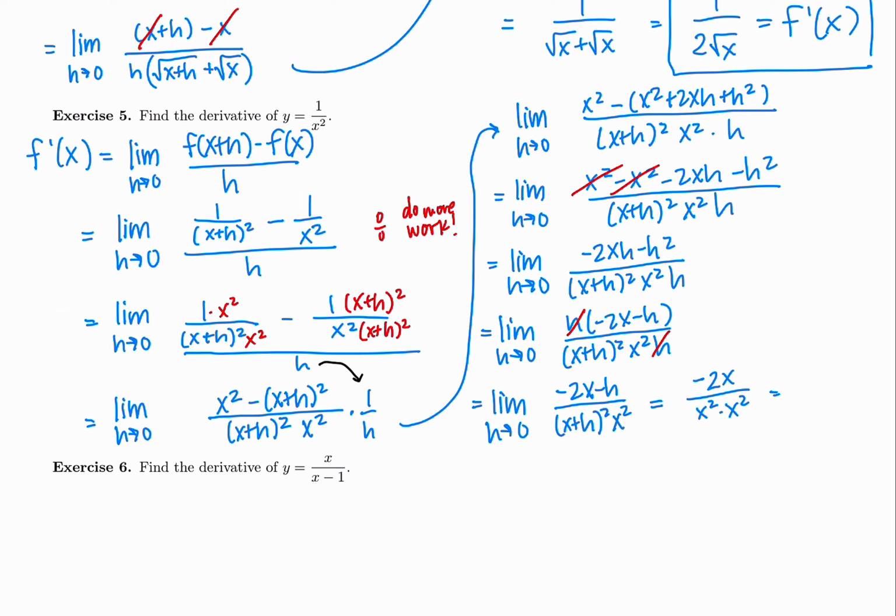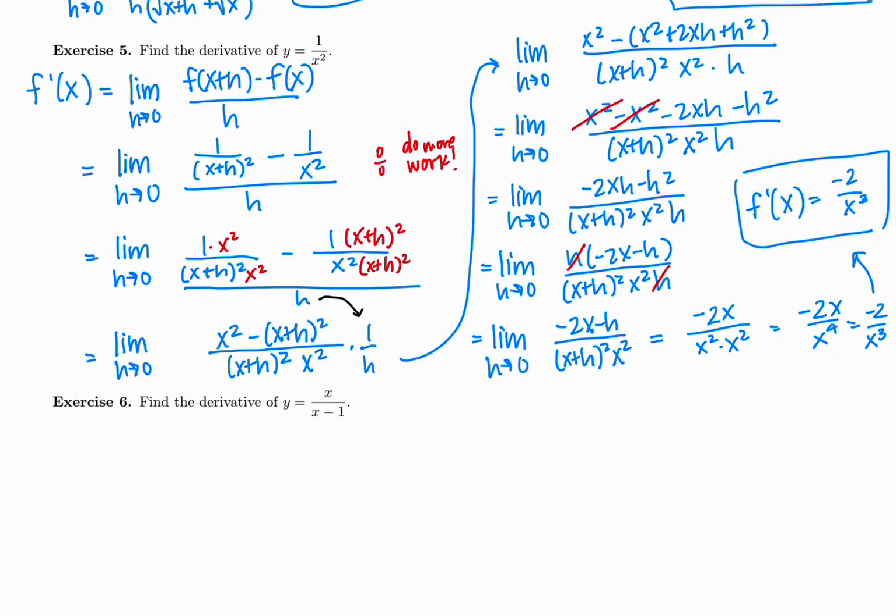So that's negative 2x over x squared times x squared, which is x to the 4th. I added those exponents. I didn't multiply them. And this is negative 2 over x cubed. I can simplify that. And so let me just write this up a little nicer. f prime of x is negative 2 over x cubed. So my derivative is negative 2 over x cubed.